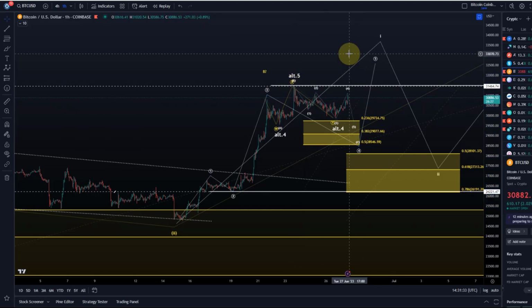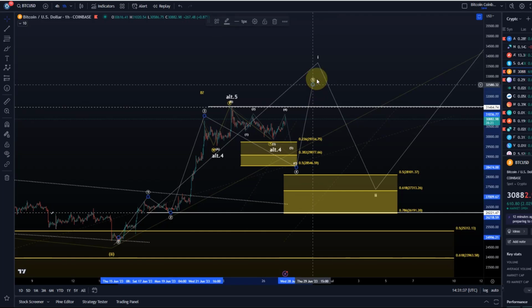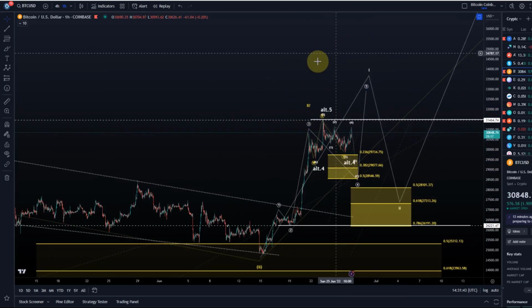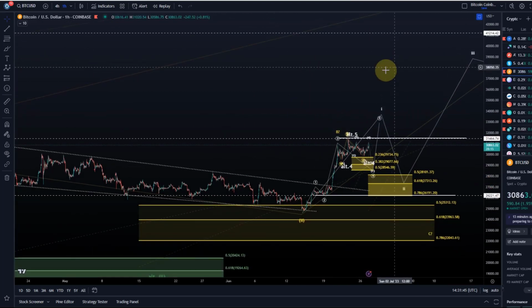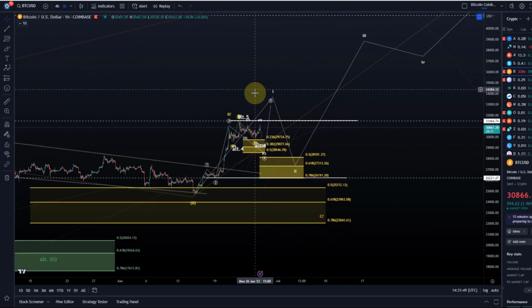So I'm wondering if this will hint at an extension in the fifth wave. Do not be surprised if this move gets very much extended when we get a rally, especially, as I said, in the last few days and so on. If we really are in a third wave, be ready for extensions and be ready for very, very shallow pullbacks.